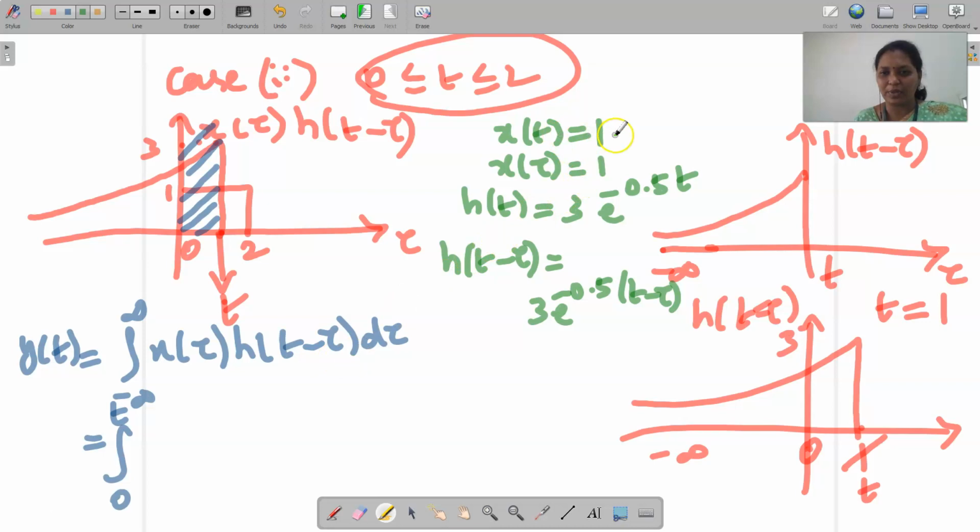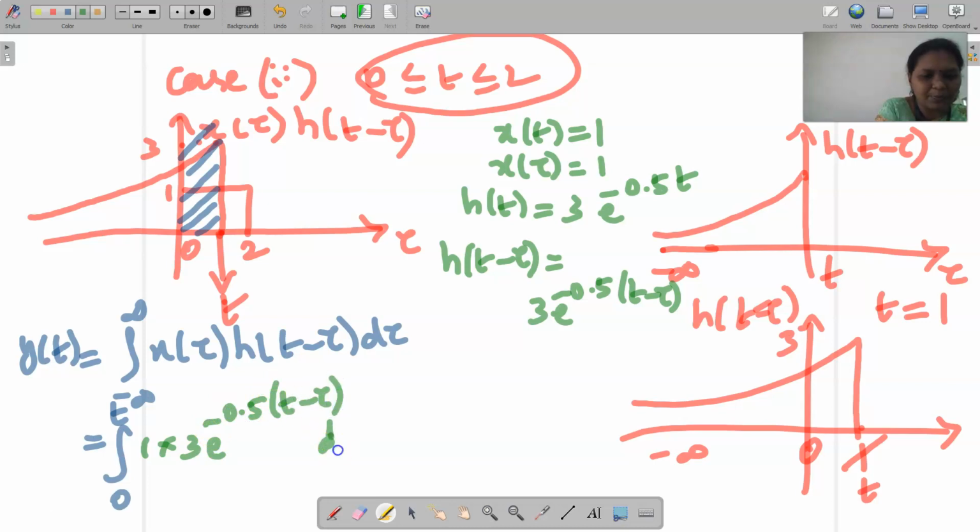X of t is 1, so x of tau also becomes 1. So here I have 1 into 3 into e power minus 0.5 into t minus tau d tau.